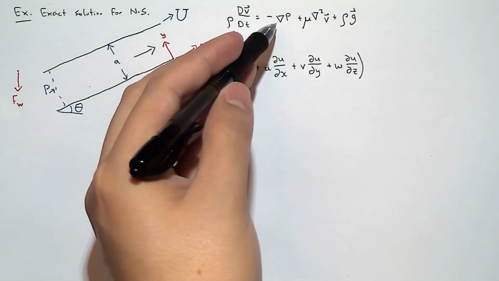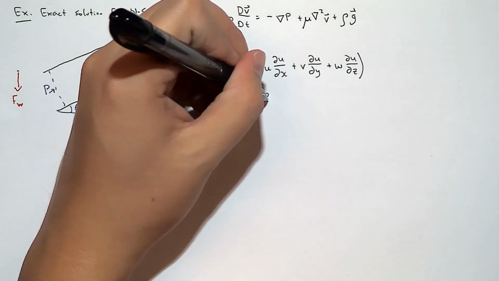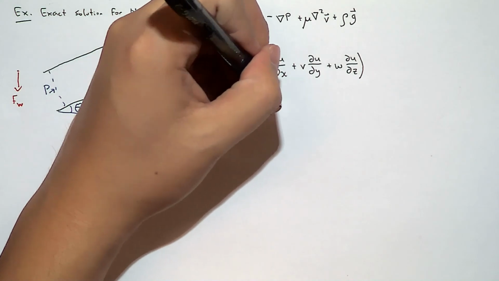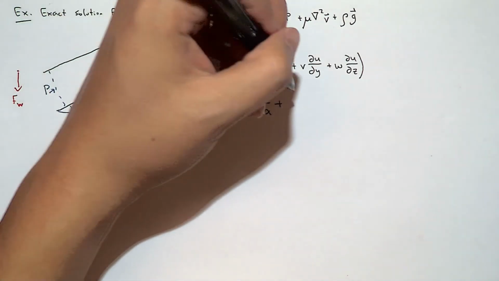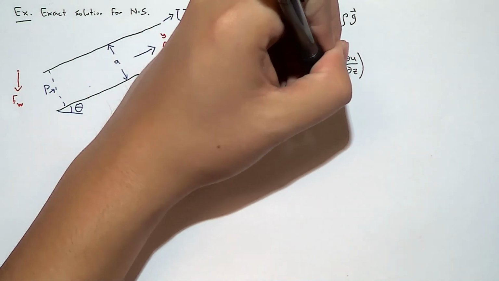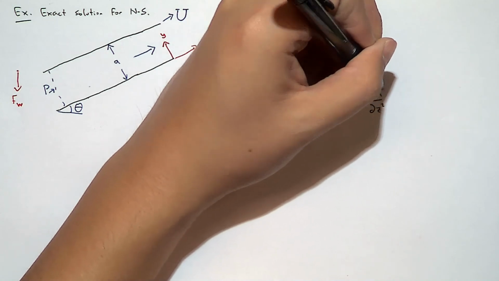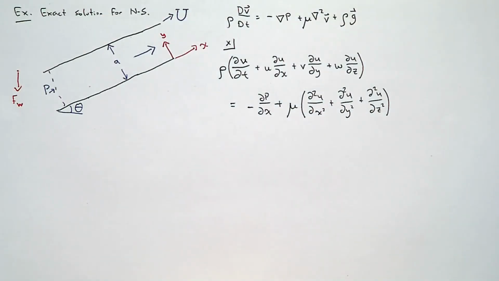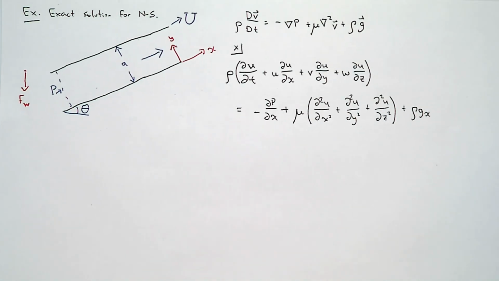Then I have the x component of the pressure gradient, which is simply negative partial p partial x. And then I have the Laplacian of the x component of velocity, which is the second derivative of u with respect to x, with respect to y, and with respect to z. And finally, I have my body force.